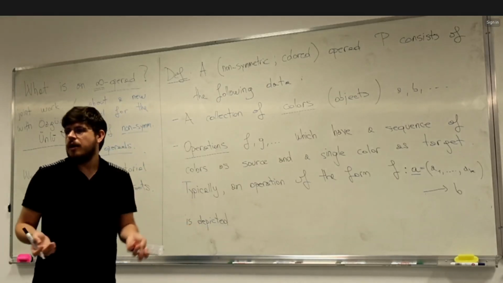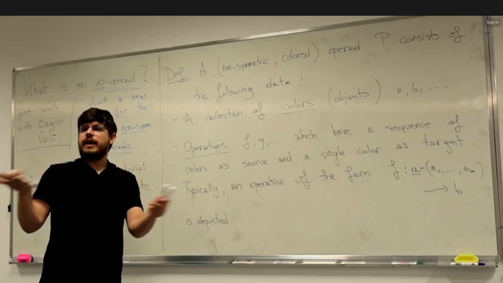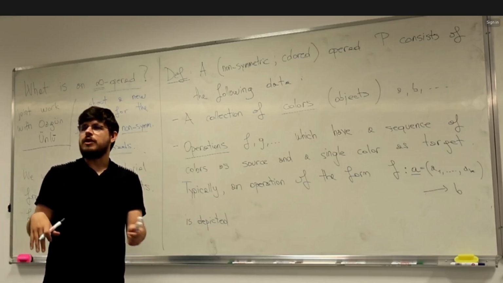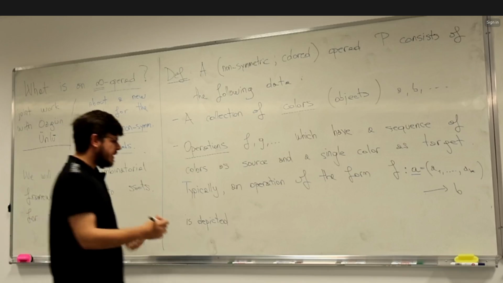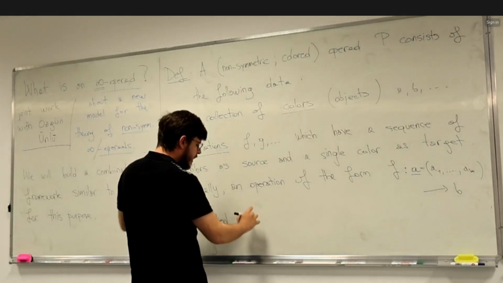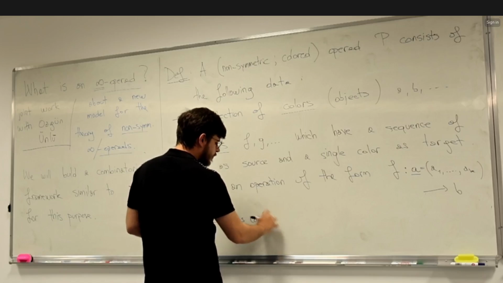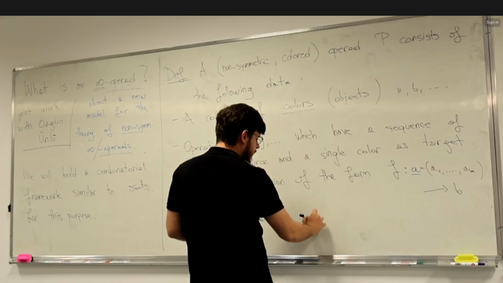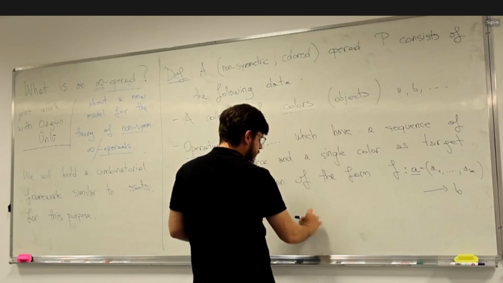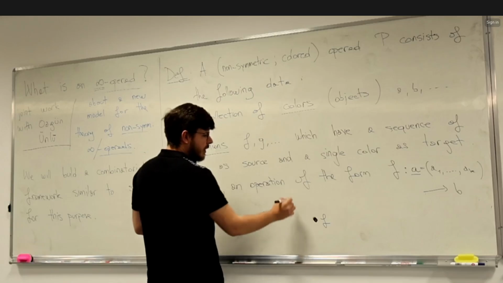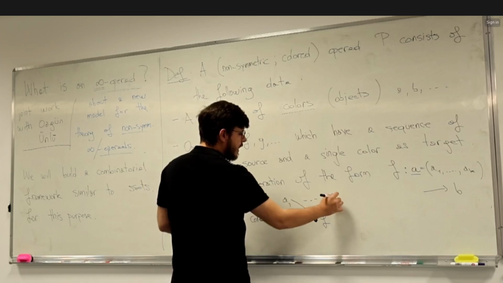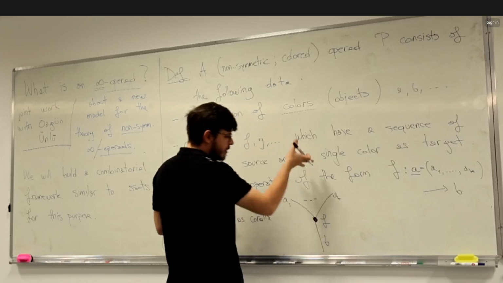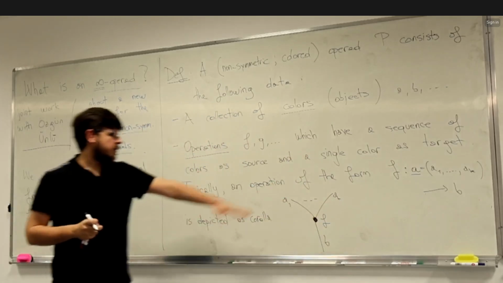For monoidal categories people, which all of us are now, in string diagrammatic terms, or in the language of trees, this is depicted as a corolla. We have the operation as a node with inputs A1 to AK and output B. So we read it top down.